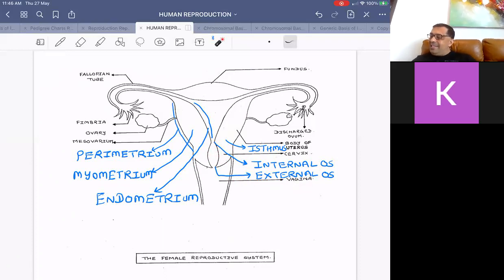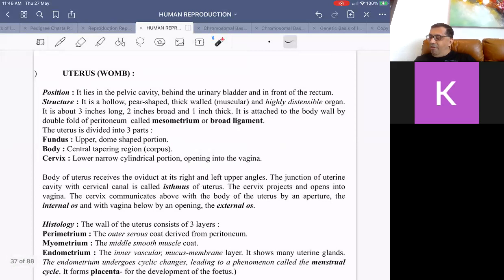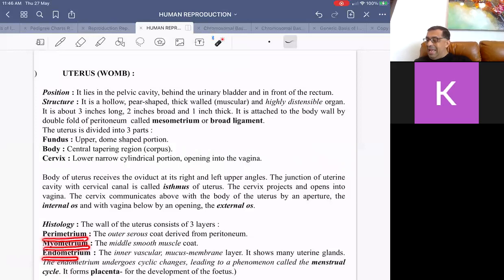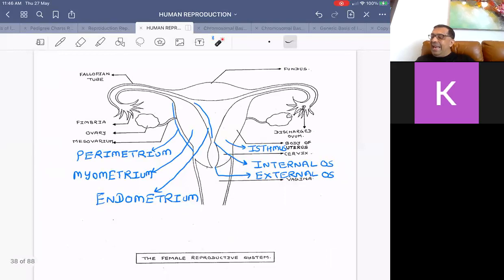And a cut section of the uterus shows the uterus is made up of three layers, namely perimetrium, myometrium, and endometrium. तो ये यूट्रस की तीन लेयर है. सबसे बाहर होती है a sticky serous layer, which is called the perimetrium, sticky layer.